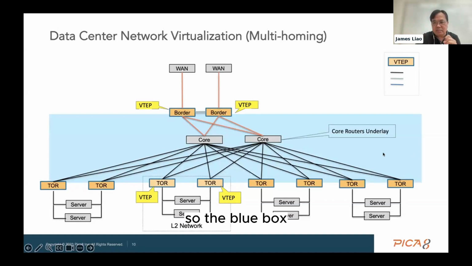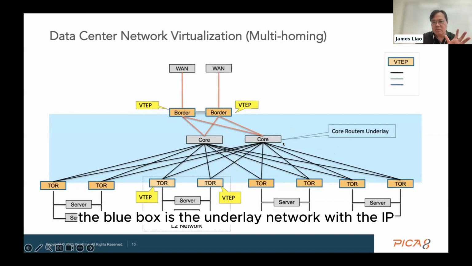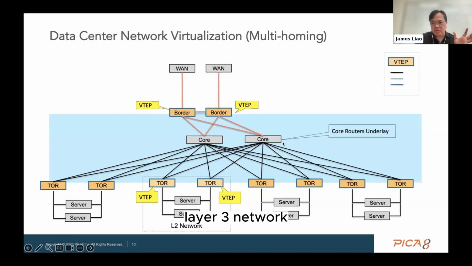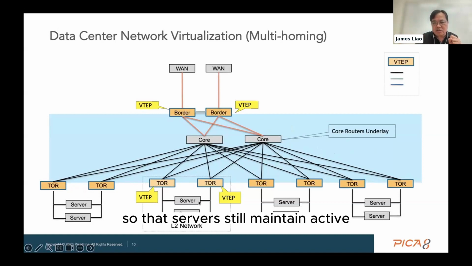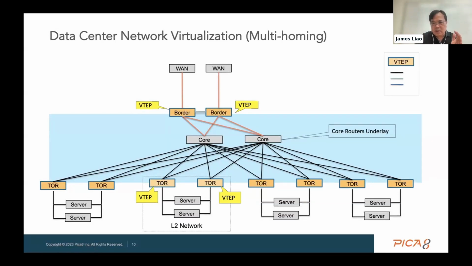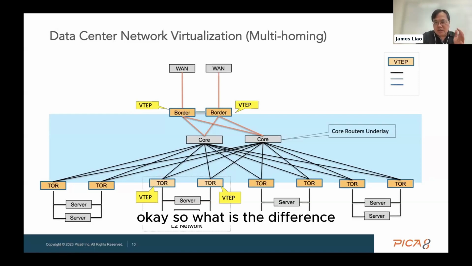So the blue box, just like the previous slide, is the underlay network with the IP layer 3 network. The dividing line of layer 2, layer 3 is on top of rack, so that servers still maintain active redundancy to the network.